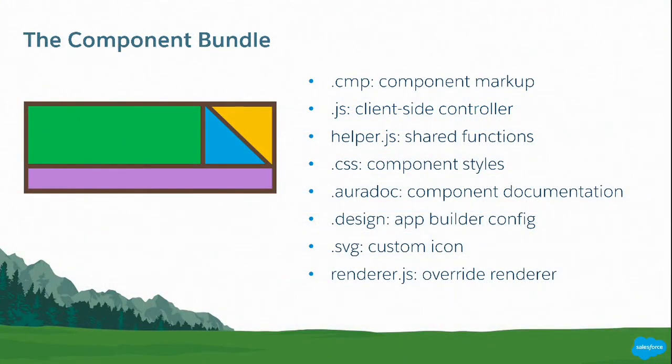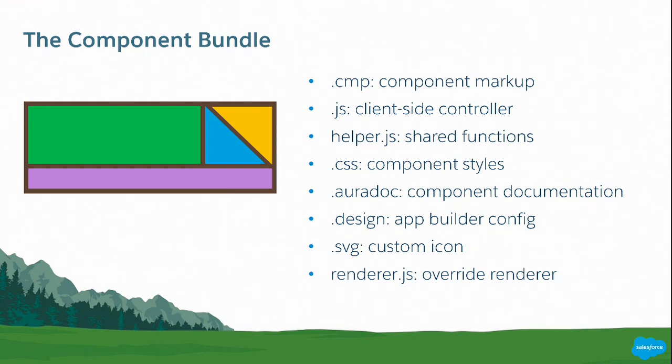Now, as far as how it all comes together, I'm not sure how many of you have tried to build a component, but each component has a bundle, right? And in that bundle, this is essentially what comes with it. So you have the component itself, which is the markup. You have the client-side controller, which is JavaScript, and a helper controller, which is kind of shared functions.